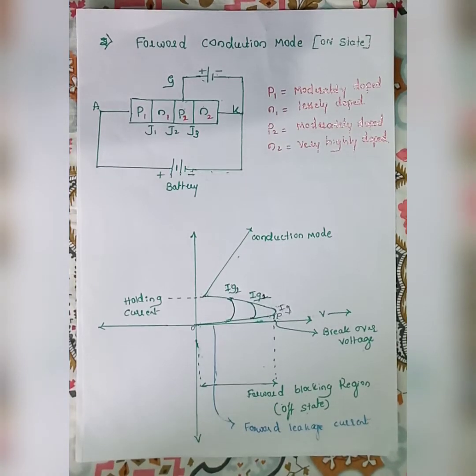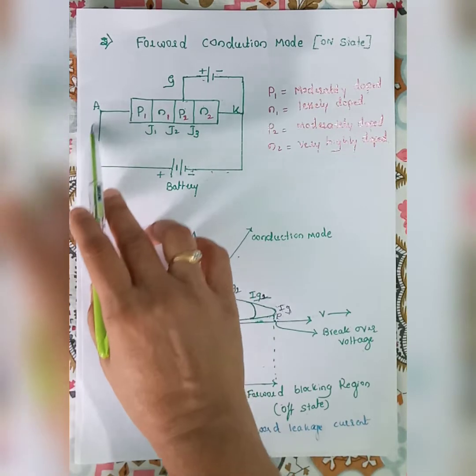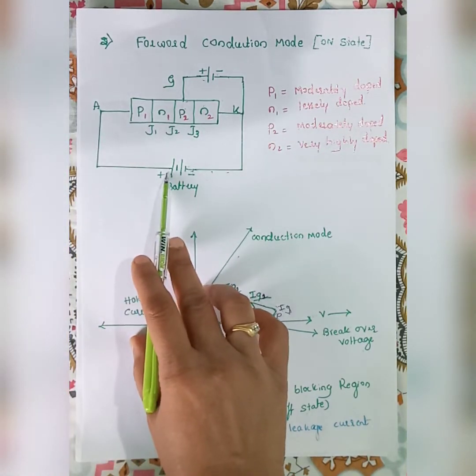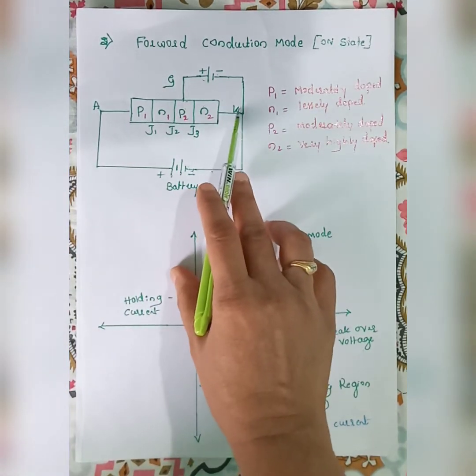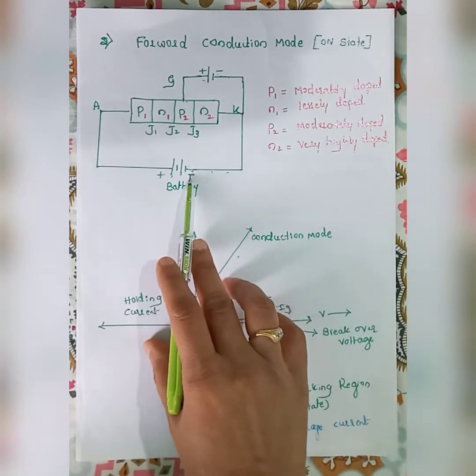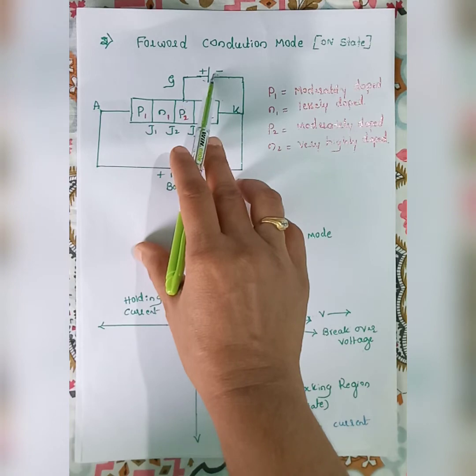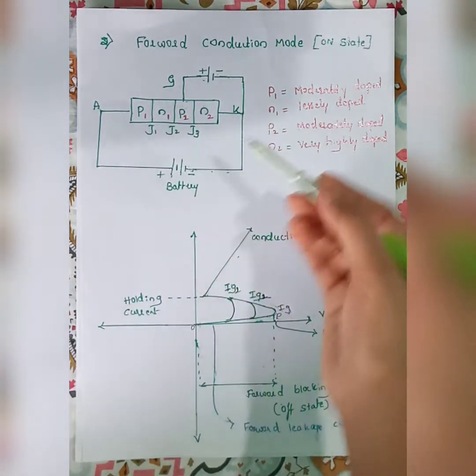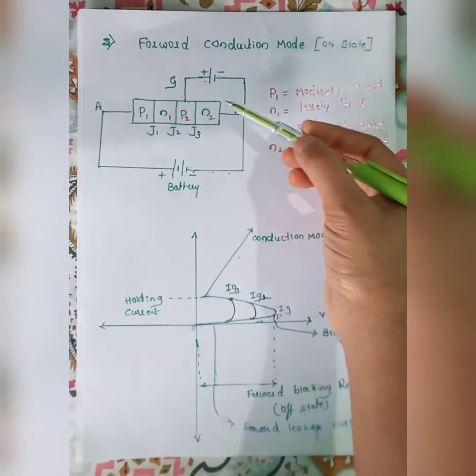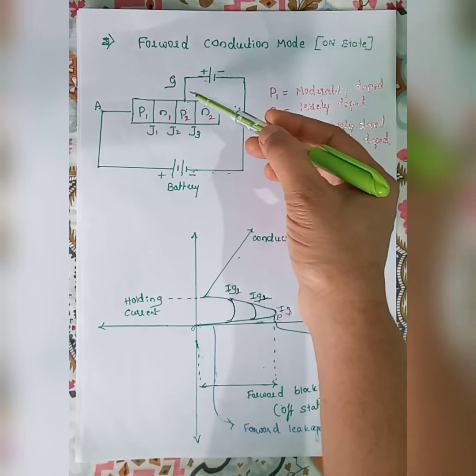Now the second one is forward conduction mode. Here the anode of the SCR is connected to the positive terminal of the battery, the cathode of the SCR device is connected to the negative terminal of the battery, and the gate terminal is connected to another battery. A current pulse passes from the gate to the cathode.